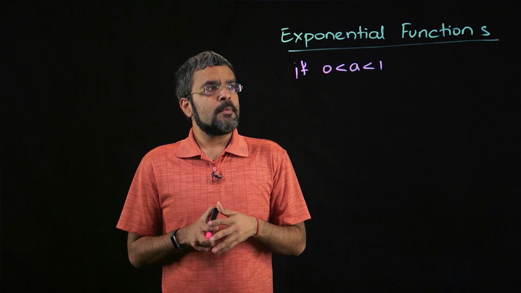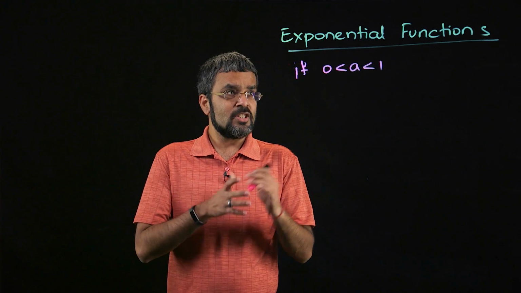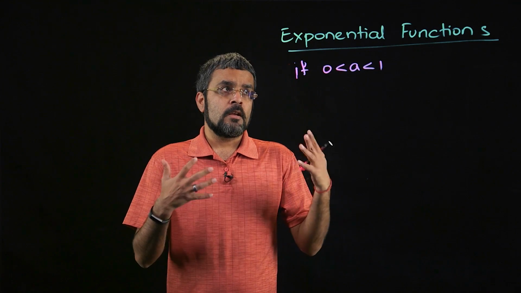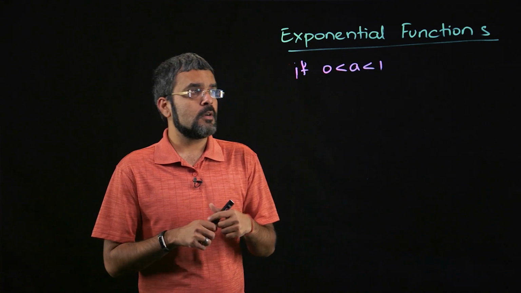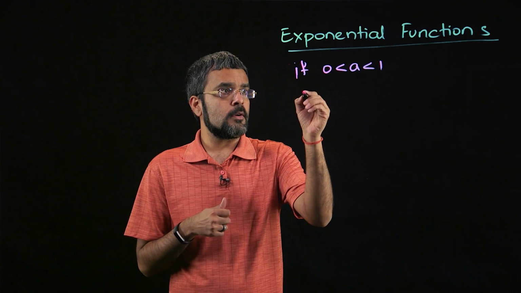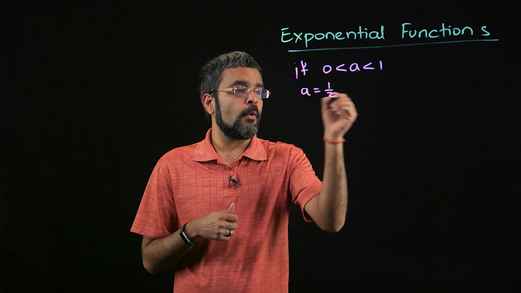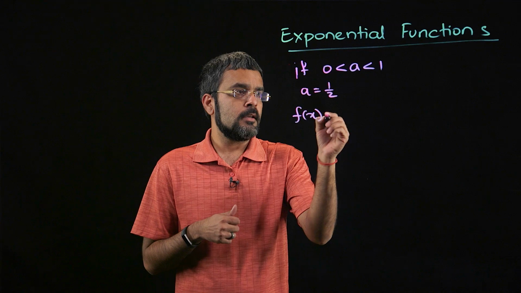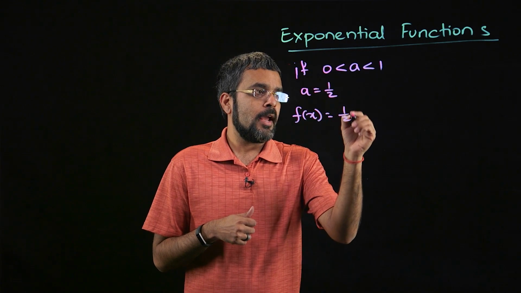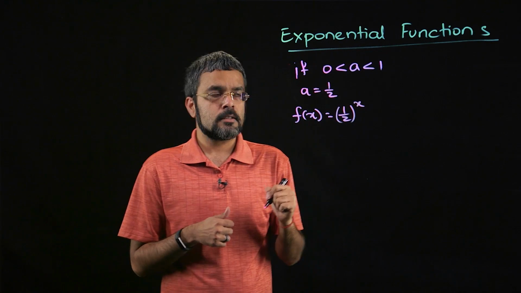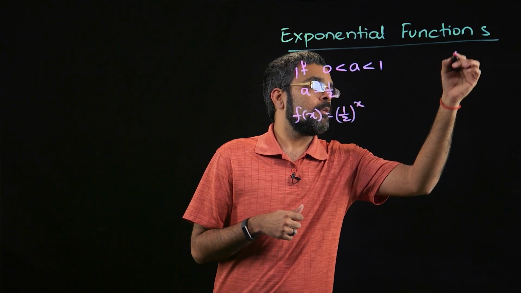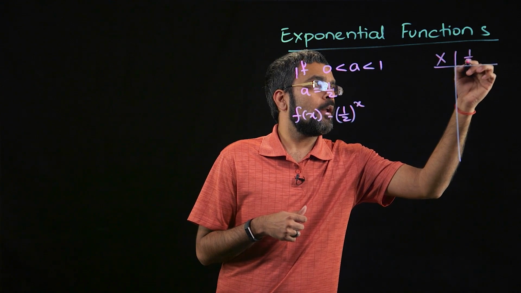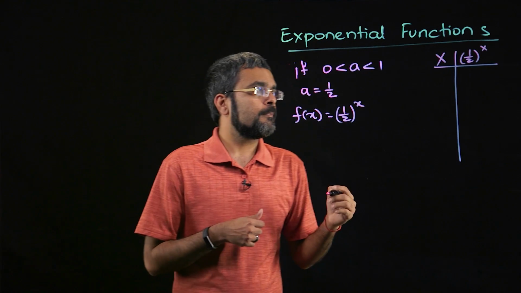Okay, now let's see what happens when a is between 0 and 1. Essentially, a is a fraction, so you can say 1/4 or 2/3 or 0.5. For the sake of simplicity, we're going to take a equal to 1/2 or 0.5. So our function now becomes f of x is equal to 1/2 to the x. Let's make our table here. Again, I have x and I have 1/2 to the x.